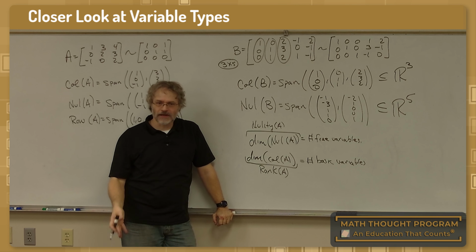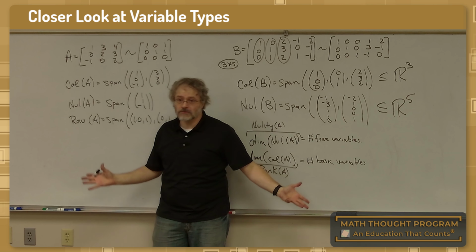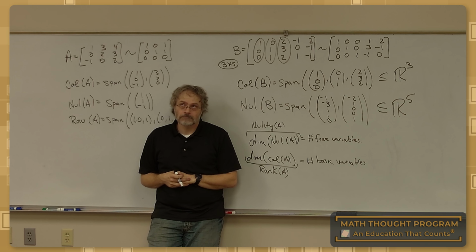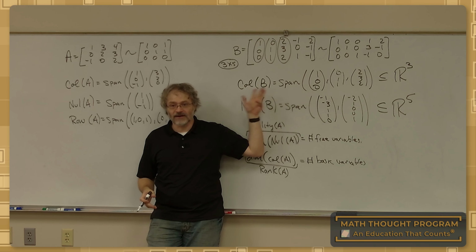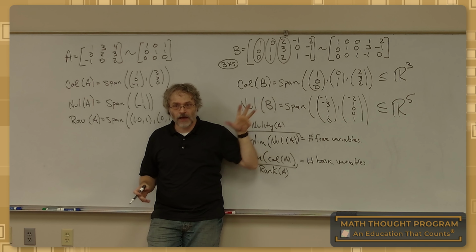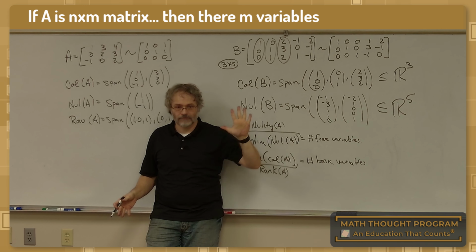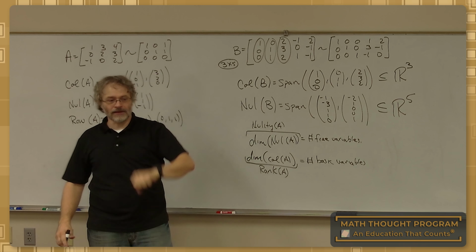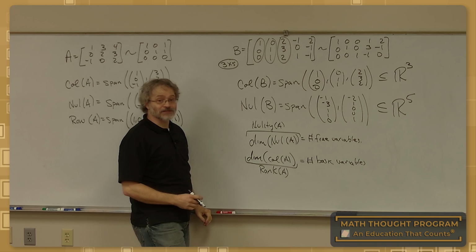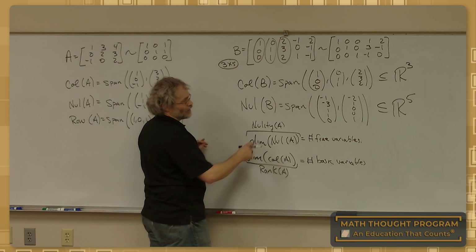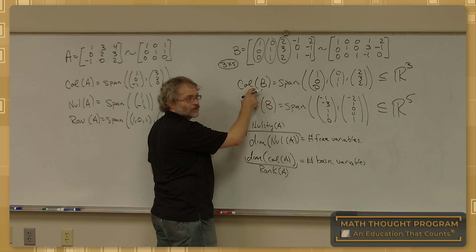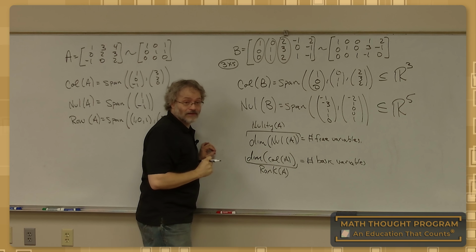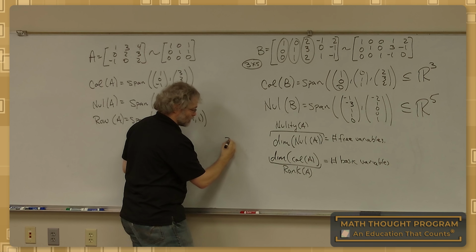How many different types of variables do we have? You got free variables, you got basic variables. And if you have a 3 by 5 matrix, how many variables are in that system? 5. Some are free, some are basic. What if you were courageous enough and looked at the rank of the matrix, which is 3, and the nullity of the matrix, which is 2, what if you added them up?